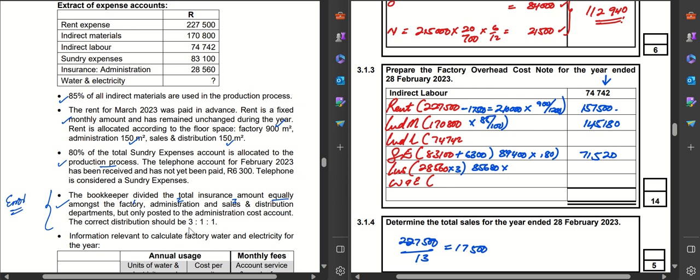It should have been allocated in the ratio 3:1:1. You know that you add these ones, right, to get 5. 3 plus 1 plus 1, you get 5. And then the factory is getting the 3. Then you come here, then you multiply by 3/5. And then this should give you 51,408. This is what you take over there.